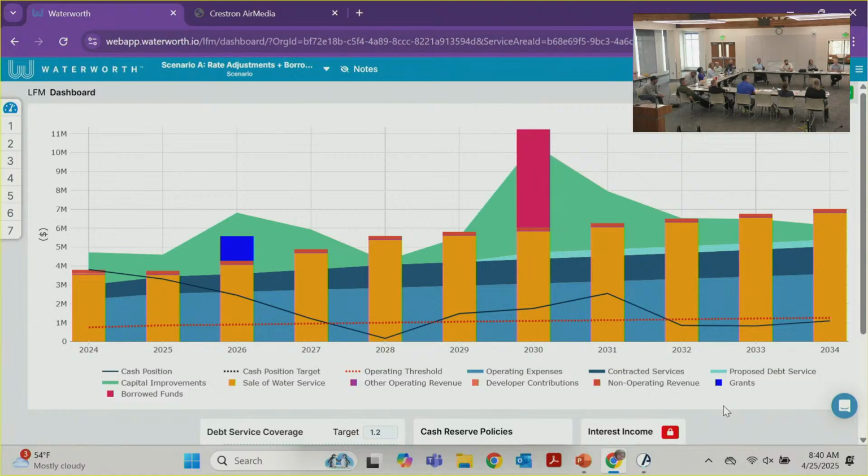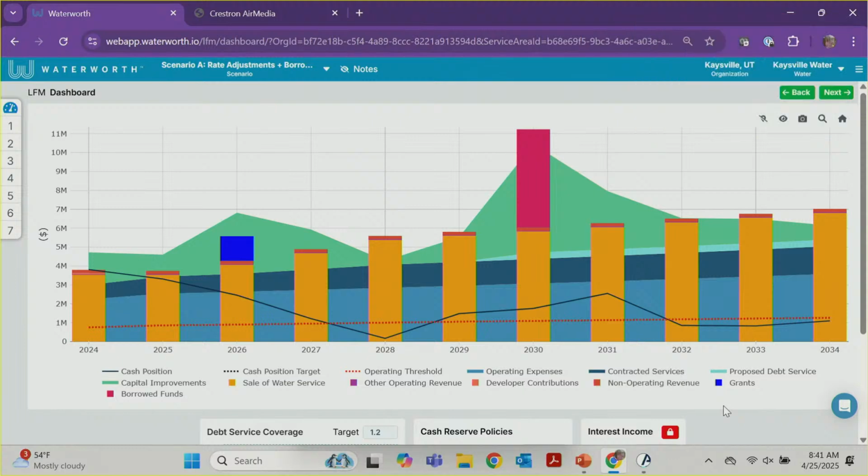This cash line does obviously take into account that there's going to be increased revenue from water sales if you're adjusting rates. And you see that start to climb, but it also takes into account that not only are we paying for operating costs and contract water, but we're also paying for capital projects. So you see that climb, and then you'll also see a decline.